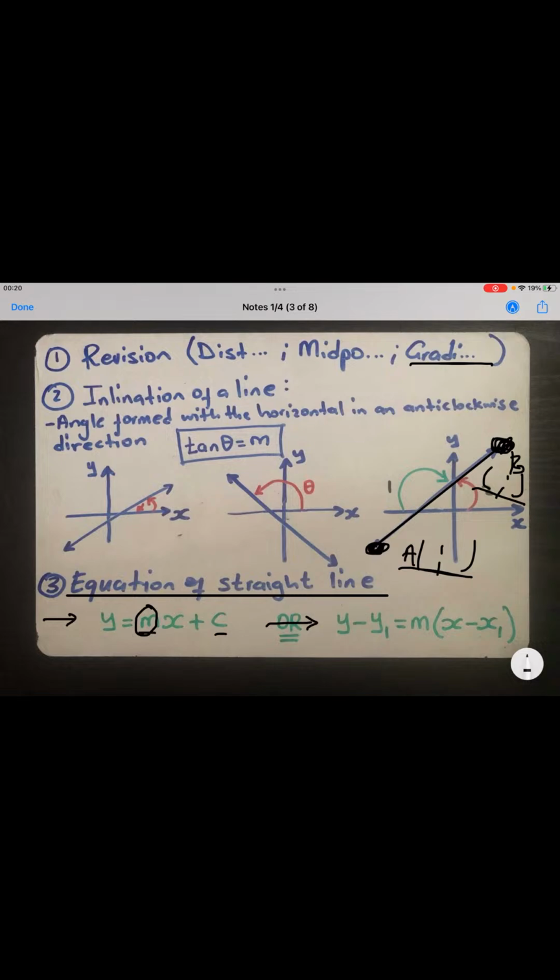Also, you can use this second formula where you've got that being the gradient and you find it in the same manner using the gradient formula.